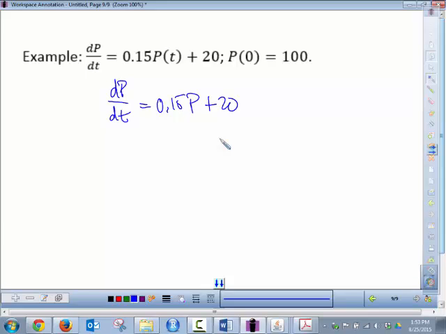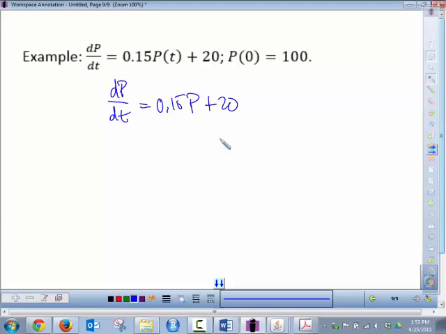This is linear. The P and the dP/dt are the dependent variable, the function and its derivative, and you're not taking it to the second power, you're not taking the ln or a trig function of it. So this is a first order linear autonomous differential equation.